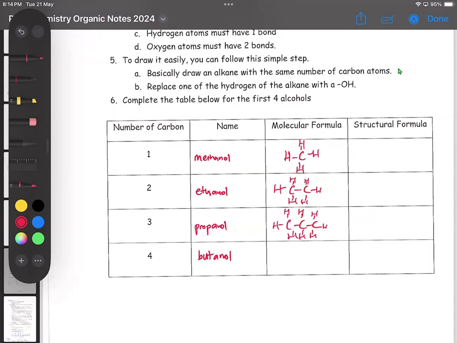How to change it to an alcohol? Remove one of the H and replace it with an OH group. Oops, I did the wrong thing. This one is structural, and this one should be molecular. I did the wrong side. So basically, we just draw the alkane, then replace one of the H with an OH. You'll get the structure.